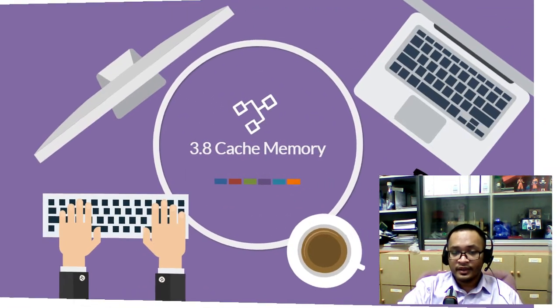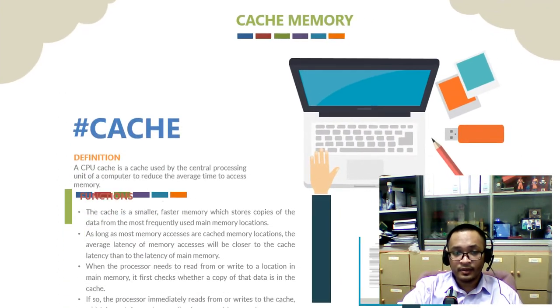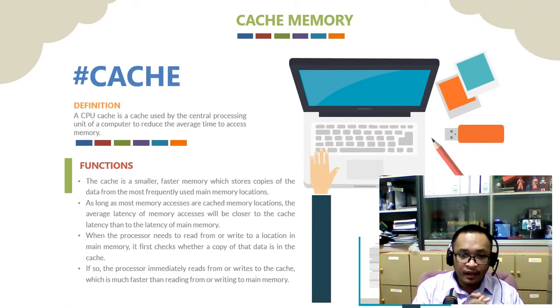Okay, cache memory. Like I mentioned, cache memory is used to reduce the average time to access memory. It usually stores frequently used data, programs or instructions. It is made up of SRAM, which means it is much faster compared to the main memory.